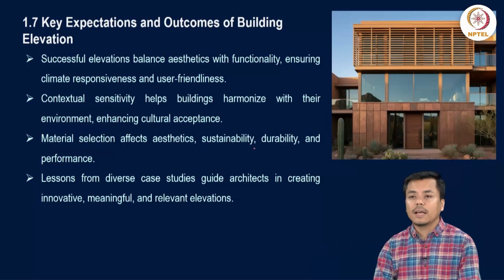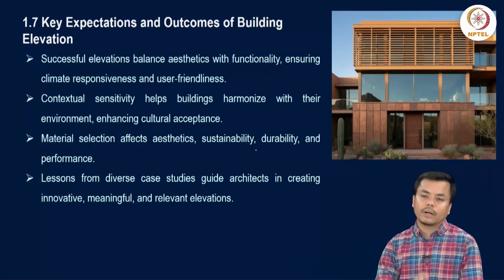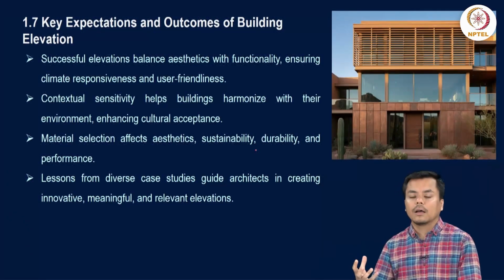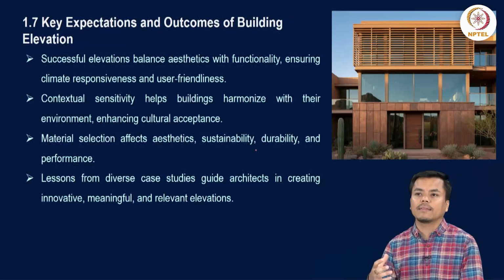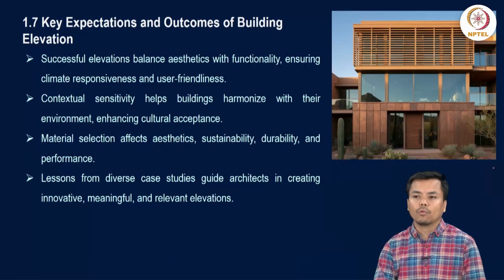The key expectation and outcome from a building elevation is that a successful elevation balances aesthetics and functionality. It's not always about aesthetics. The functional aspect also has to be focused on. For example, if you have a huge balcony at the top where people would like to sit, but it's a busy street with a lot of vehicles moving on the road, then you need some privacy.